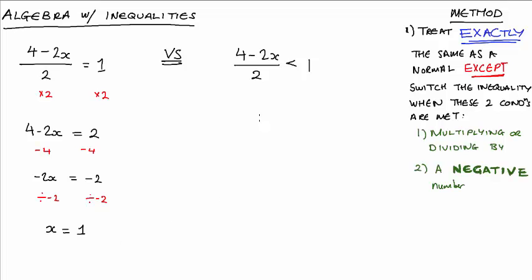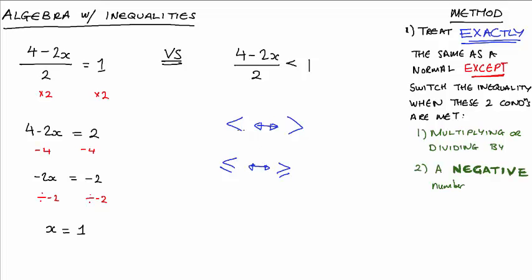Now listen, solving one of these is exactly the same, except you just need to focus on when you need to flip this sign. And by the way, these 2 signs flip between themselves, and these 2 signs flip between themselves.